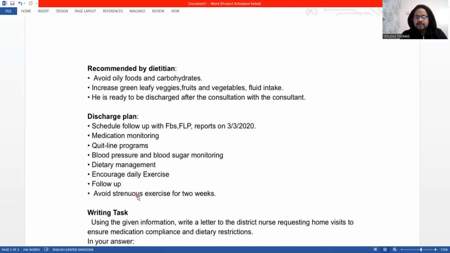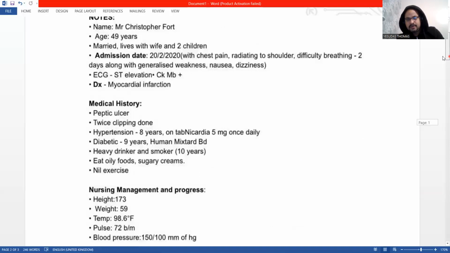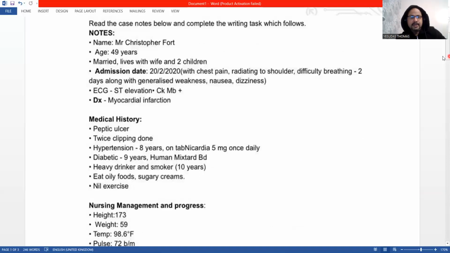So we need to consolidate everything into a small letter, but the essence of the letter should not be lost. So let's look at the question once more. You can see you are not going to write chest pain radiating to shoulder, difficulty breathing, all these things.